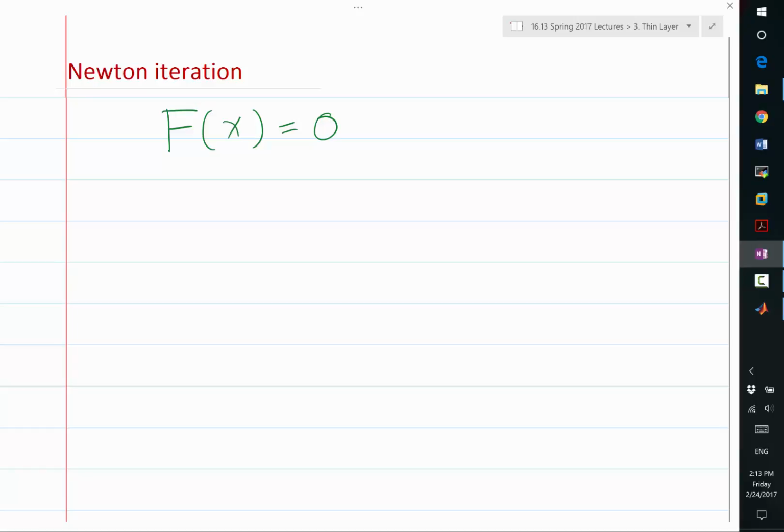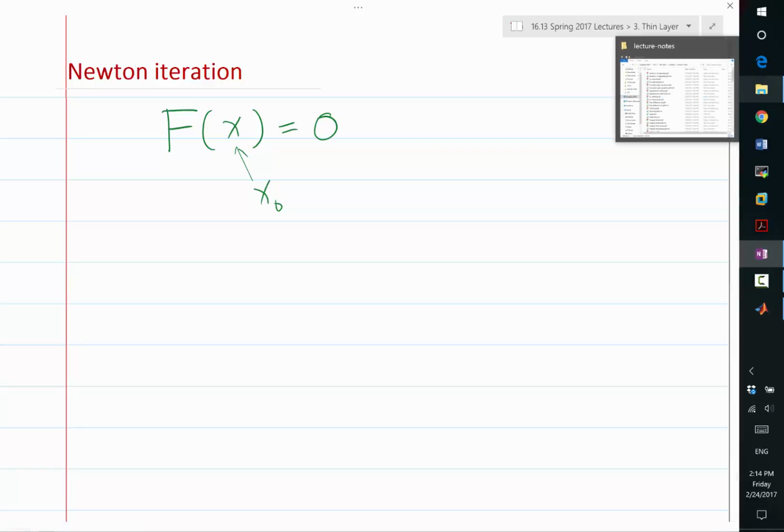So the assumption is that we are given an x0 that doesn't have to be the solution, but is close in some sense. If I know I have an x0 that is close to x, is there anything I can do to get to a better solution that is even closer to x?